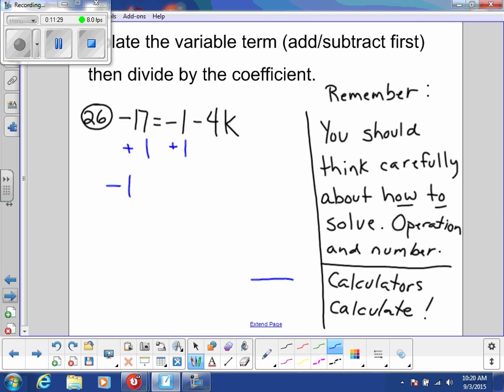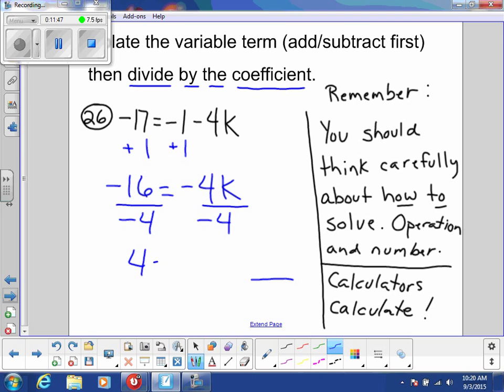Negative 17 plus 1 is negative 16. That leaves me not with 4k, but with negative 4k. Now I'm ready for the second step. Divide by the coefficient. If your coefficient is a negative number, that's what you have to divide by. Negative 16 divided by negative 4 is positive 4 equals k.